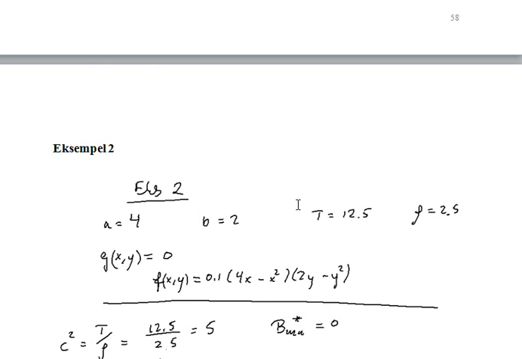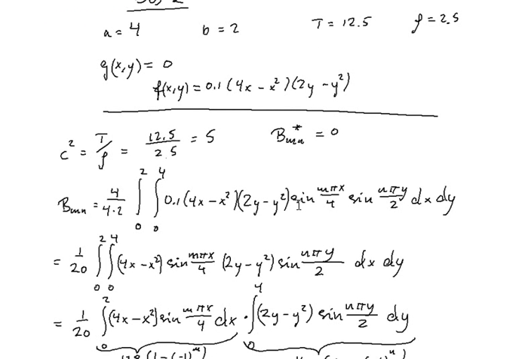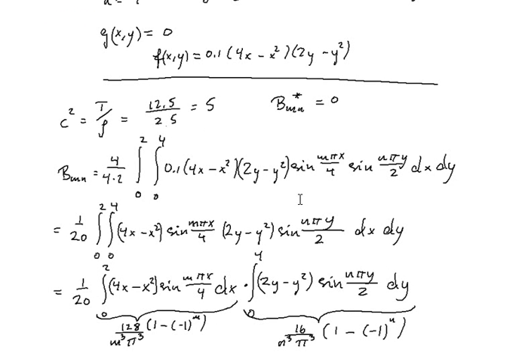So let's see how this can be computed. By inserting all values for f of xy, we get this expression. So now we see that we have a product of a function in x here and a function in y here.